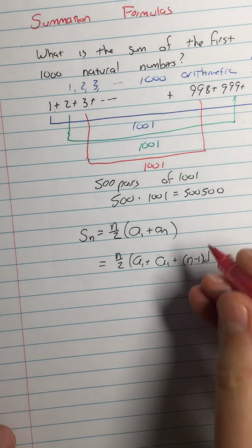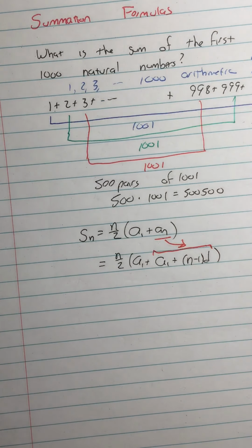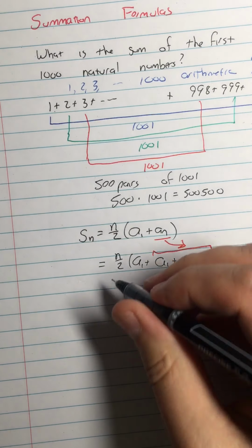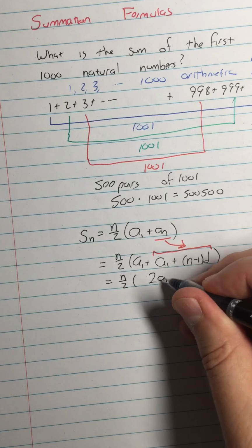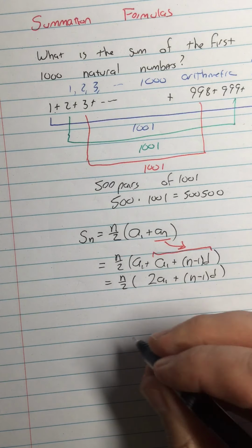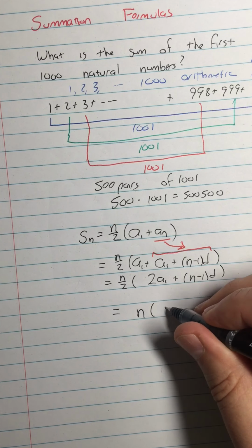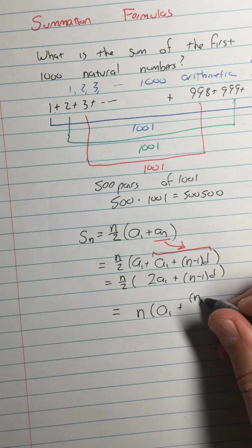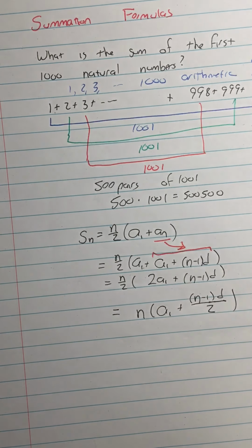That's basically just replacing the a sub n with the expression we have for arithmetic sequences. So then you get n over 2 times 2a sub 1, combining the two like terms there, plus n minus 1 d. And then it's just a matter of how you like to rearrange this. I like n times 2a sub 1 plus n minus 1 d, over 2. That's how I like it.